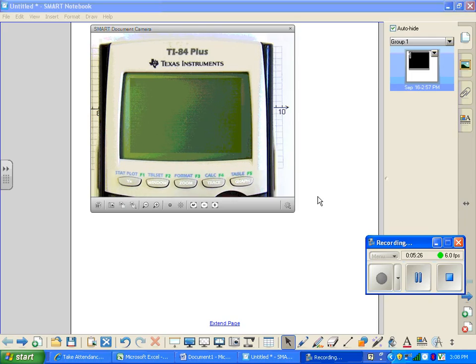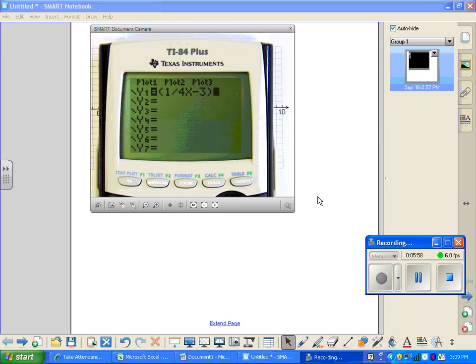But we can go to y equals, and what we can do is a piecewise function on the graphing calculator. Now the key is that you have to put everything in parentheses. So I'm going to put in parentheses 1/4 x minus 3.